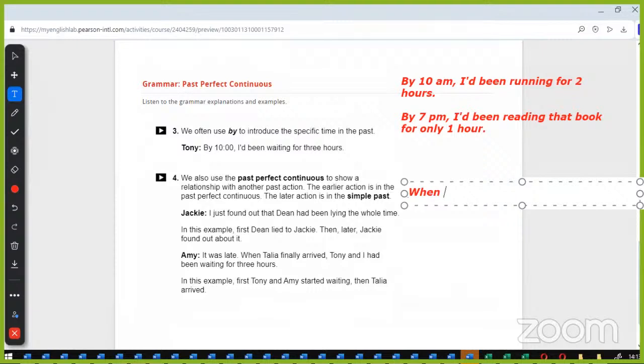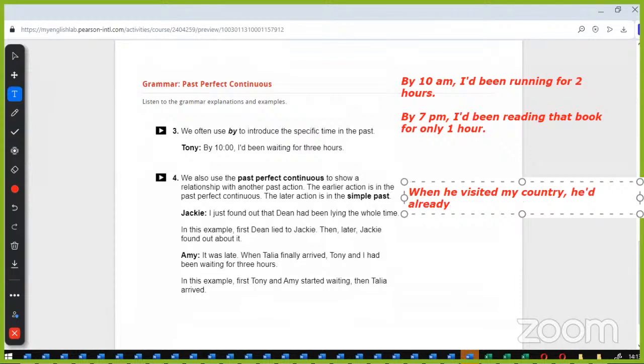When he visited my country, he had already been traveling when he arrived at this country.